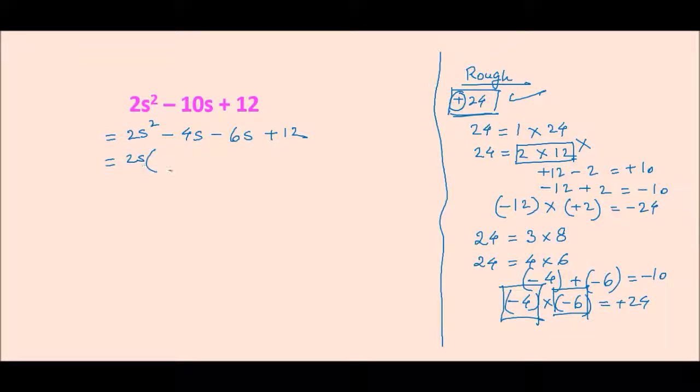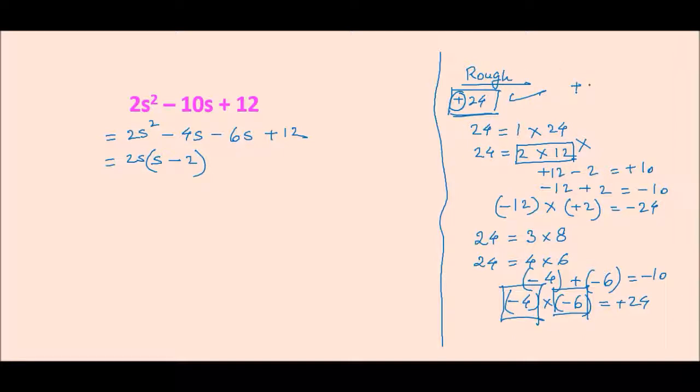So we take out the common factors, and from the first term we have s within the bracket, and from the second term we have a minus 2 within the bracket. Because 2s multiplied with s will be giving us 2s square, and 2s multiplied with minus 2 is a minus 4s. Now again, coming to the third and fourth term, obviously the common factor will be 6, but what will be the sign? Let us check.